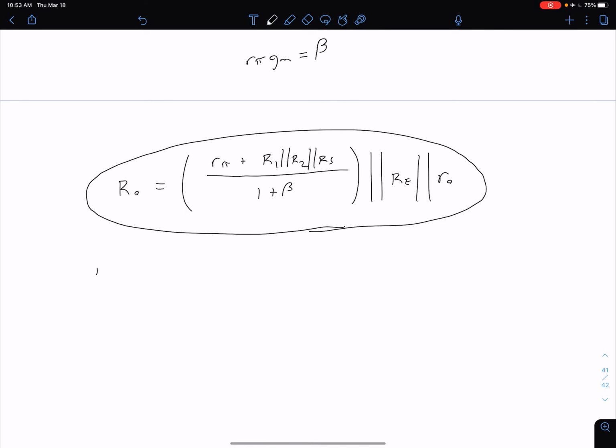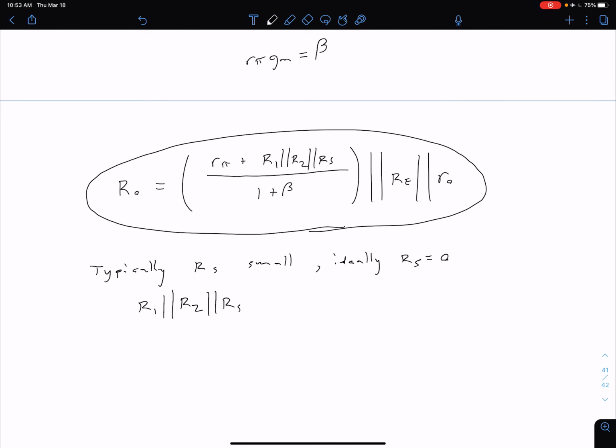So typically our RS value is going to be small, because remember that's our internal source resistance. In an ideal case, RS is going to be 0, and so that parallel combination is just going to be 0. But if we keep it more general, we can say R1, R2, Rs all in parallel.